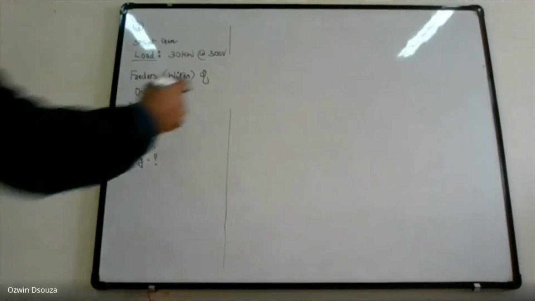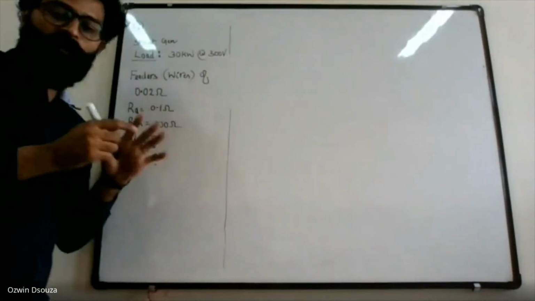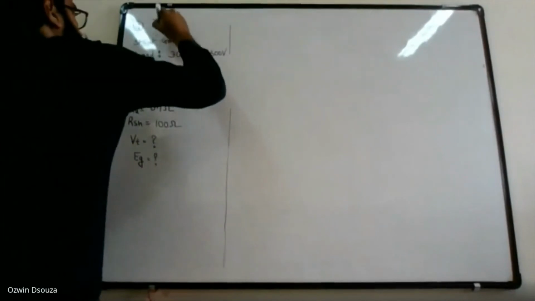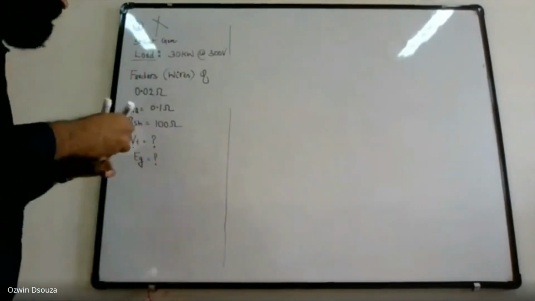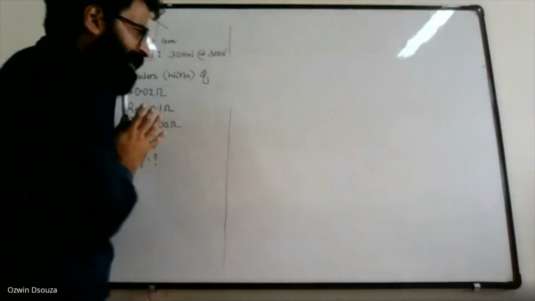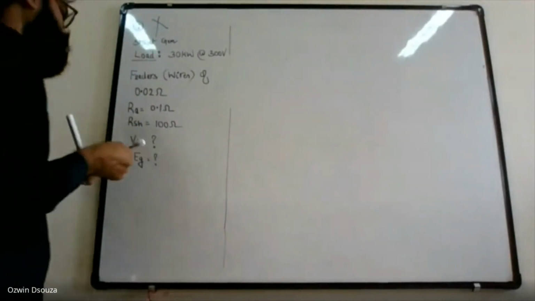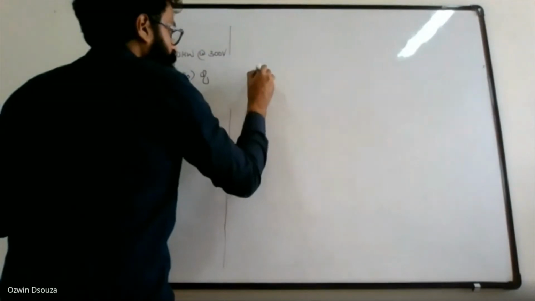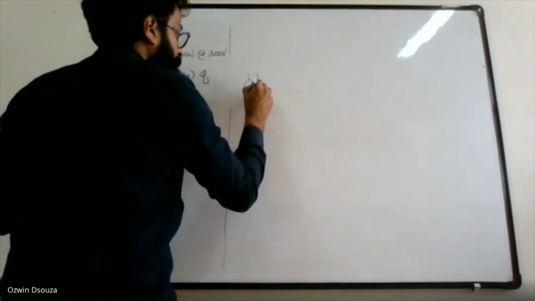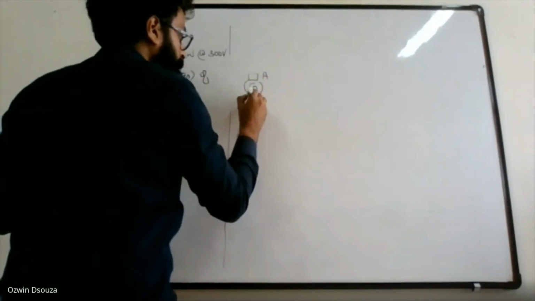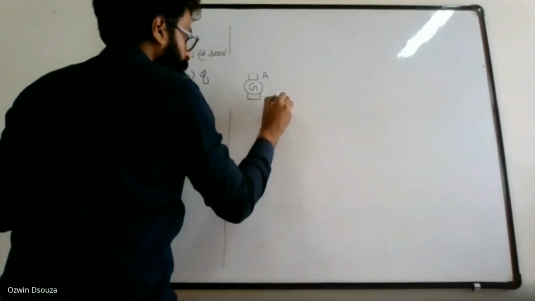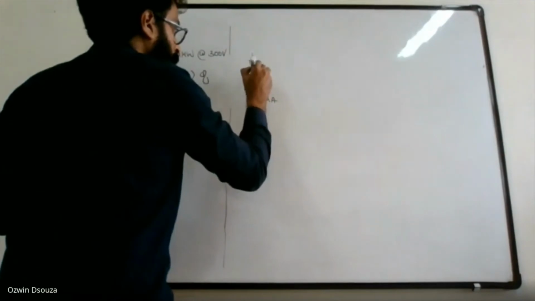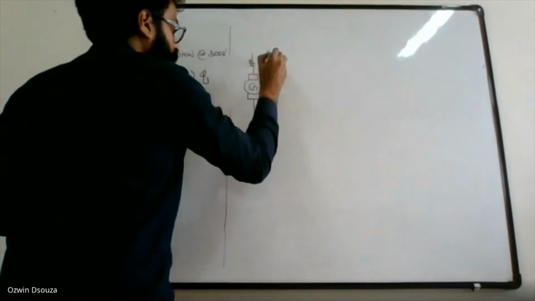All right. So it's a shunt generator. Let me draw the circuit. This is also a very important problem. First, let me draw the generator, and let me show you the feeder connection also. Shunt generator. This is RA.